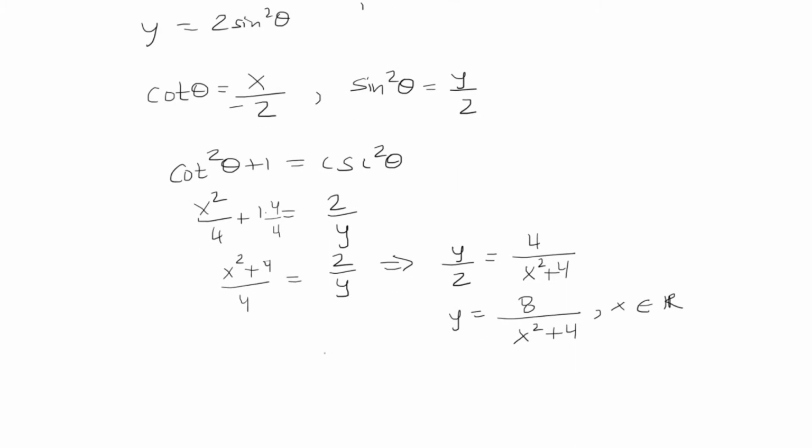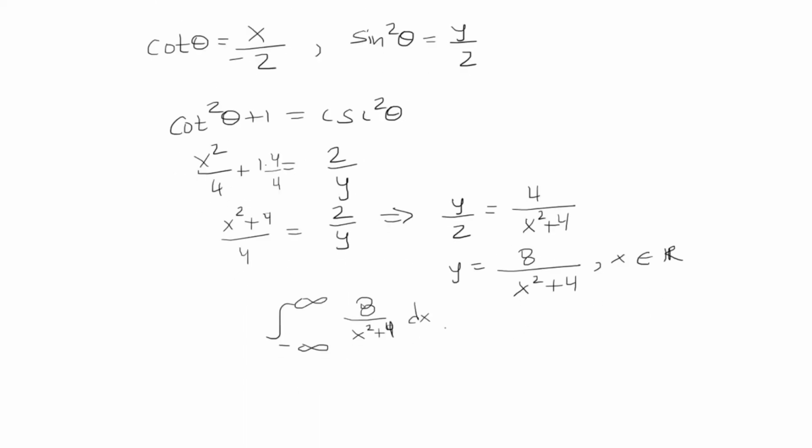So I can take the area underneath, or in that range, or that domain rather, from negative infinity to infinity, because these are all real numbers, of my function 8 over x squared plus 4. And this is an improper integral. So first I'm just going to ignore the infinities and just find the antiderivative of this thing.